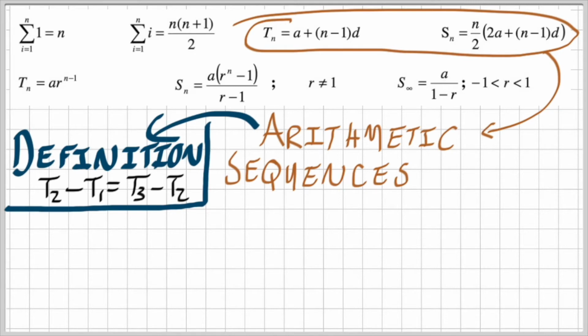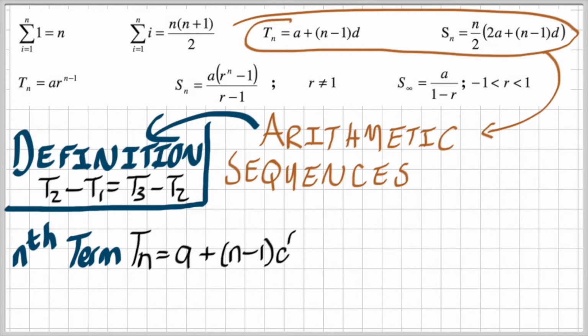Now, if I want to calculate the nth term or the general term, I go to the Tn formula, where a is T1 and the difference d is T2 minus T1, or any difference, like T50 minus T49. There's a constant difference between the follow-up terms.